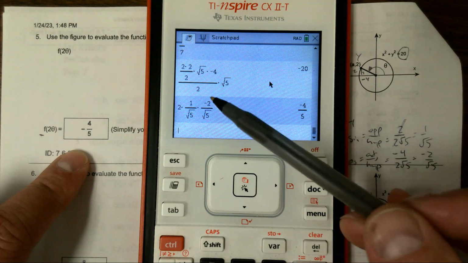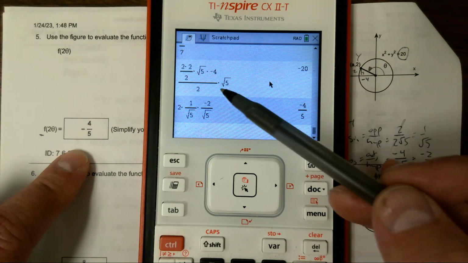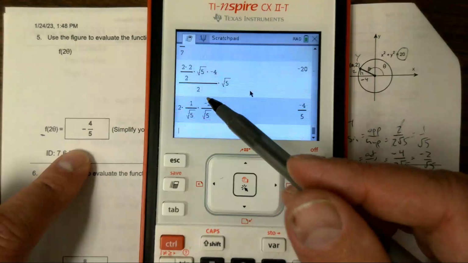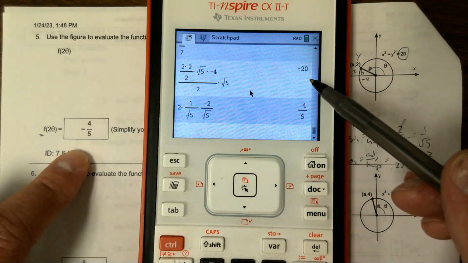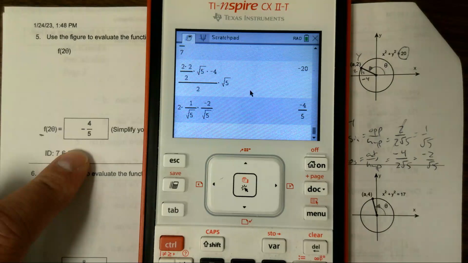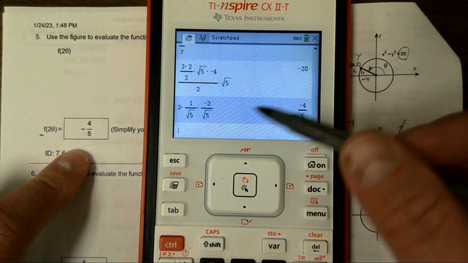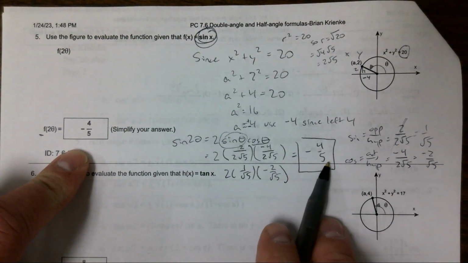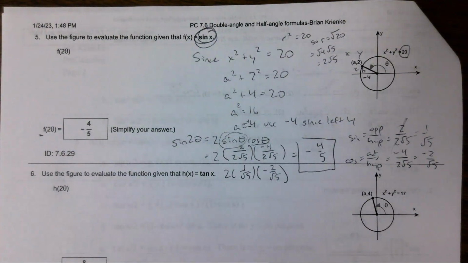So if you do times square root of 5 instead of divide by square root of 5, then you get negative 20, which doesn't make any sense. And so we need it like this, and that gives us negative 4/5.